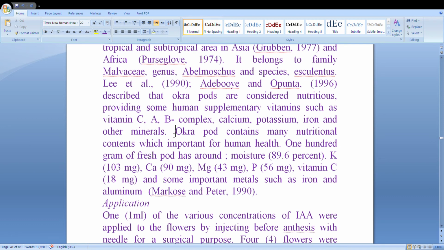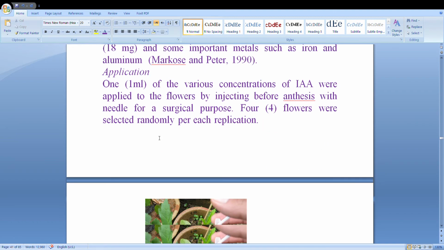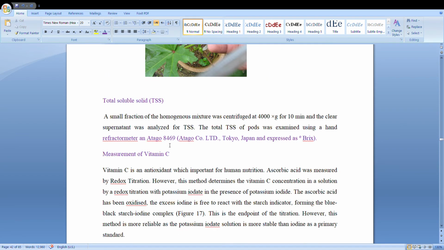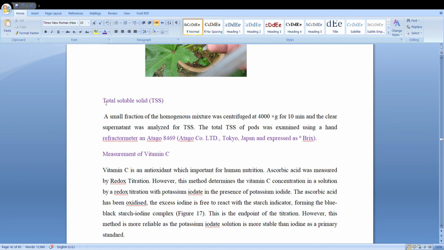We also found in our research data that it contains different types of minerals and vitamin C. Other scientists also mentioned it contains minerals: potassium, calcium, magnesium, and others. We used the growth regulators in the flower, and then we saw the results: total soluble solids and vitamin C contents.